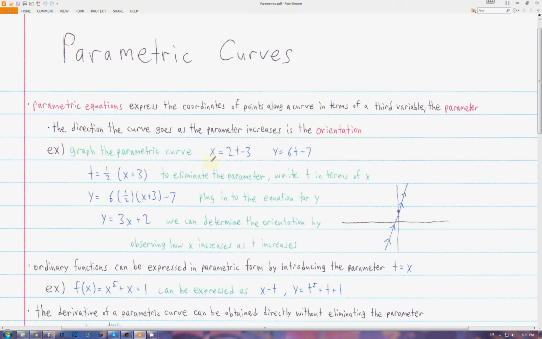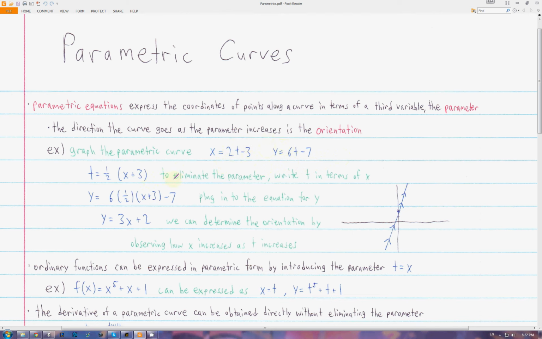So let's look at two parametric equations. One describes the x-coordinate of the graph in terms of t, the parameter, and the other describes the y-coordinate. There are two ways to graph parametric curves. You can either plug in values of t and then plot the x and y coordinates, or you can eliminate the parameter and get the function just in terms of y and x.